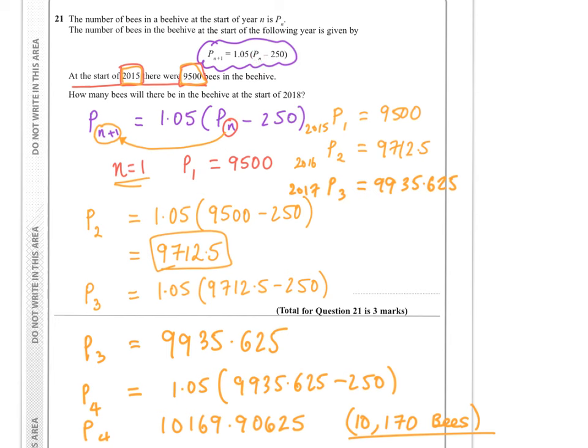I wouldn't advise rounding any of these figures here and then putting them in. Just leave them as they are, and at the very end then you can round to the nearest whole number depending on the context of the question. And we were talking about bees, so it's either 1 bee or it isn't. Okay, you wouldn't have 0.90625 bees.